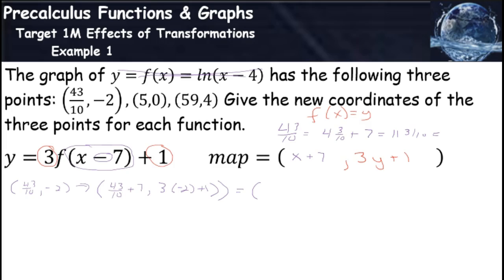If I wanted an improper fraction, I do 10 times 11, which is 110, plus 3, which is 113 tenths. So I get 113 tenths, comma, and what's 3 times negative 2? Well, that's negative 6 plus 1, which is negative 5. So I get 113 tenths, negative 5.